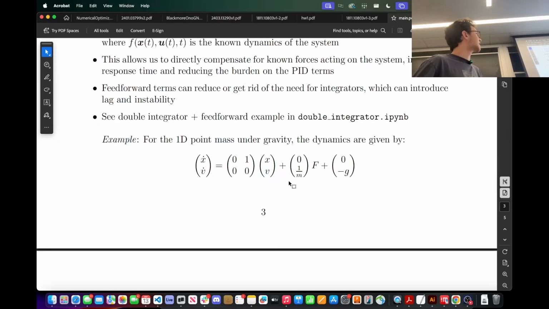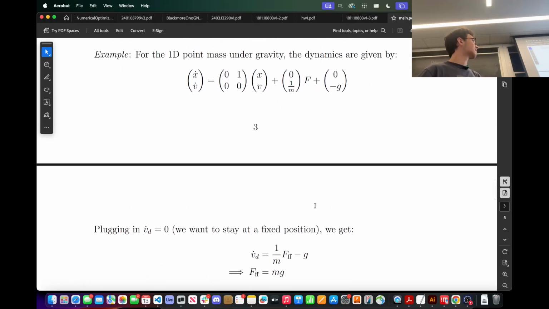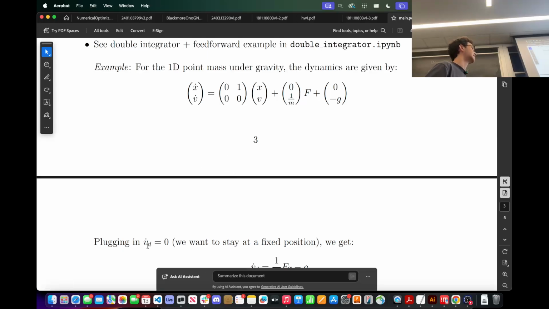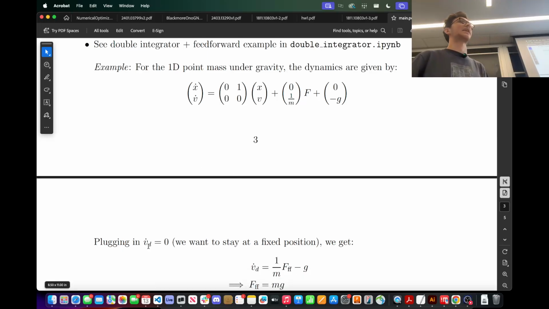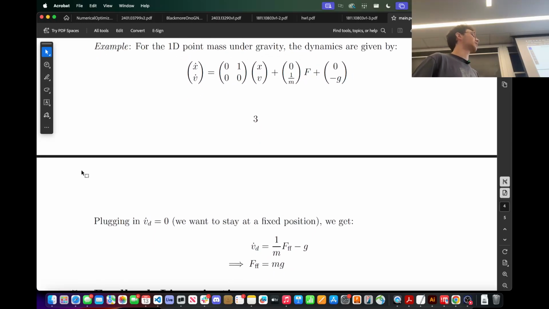This is the exact same dynamics that we saw before in this notebook, point mass with gravity acting downwards. Ultimately I want V dot, the subscript D is for desired, and I want V dot desired to be 0. I just want to stay at a fixed position, and I want velocity to be 0.